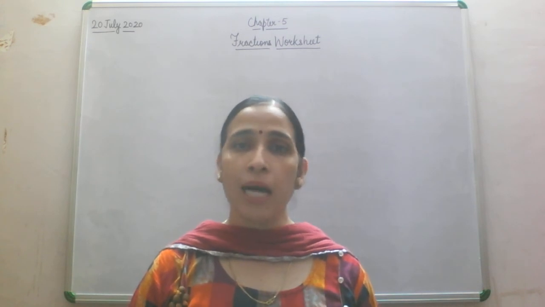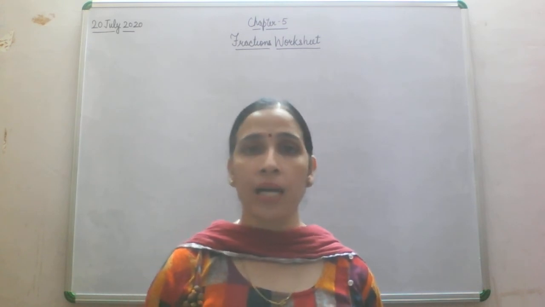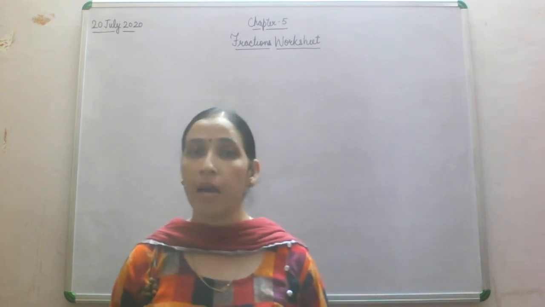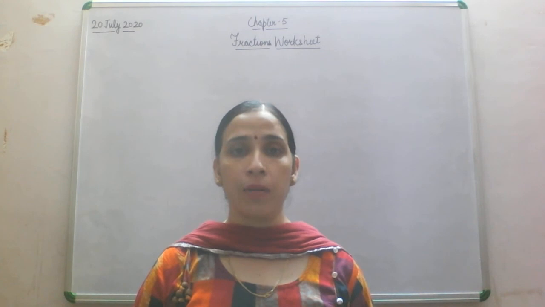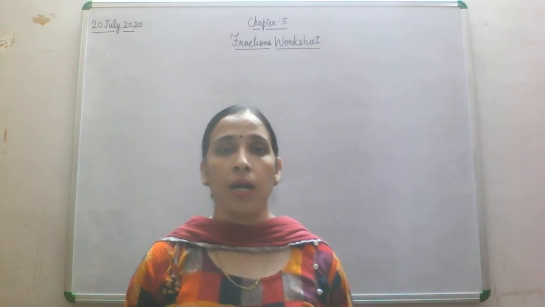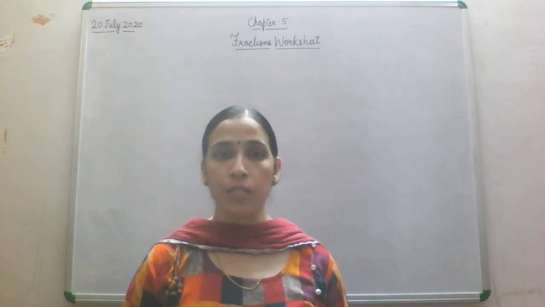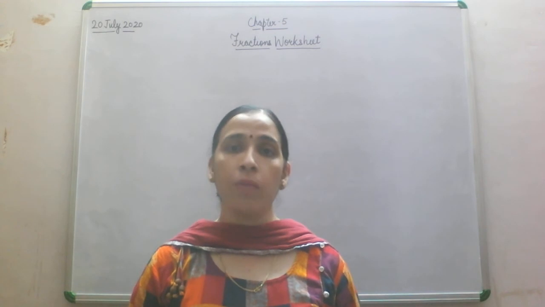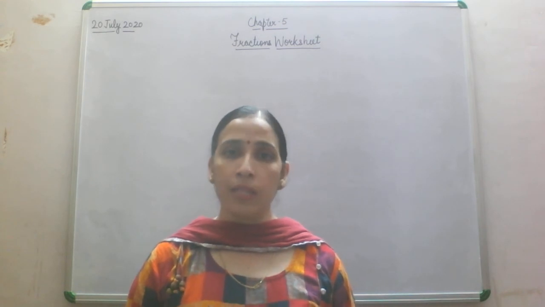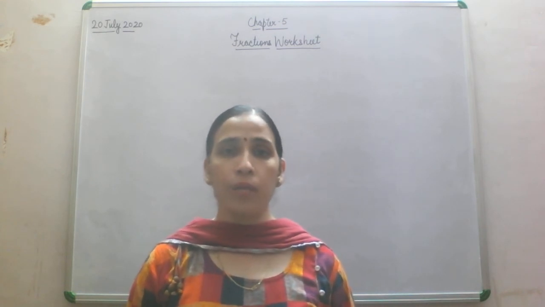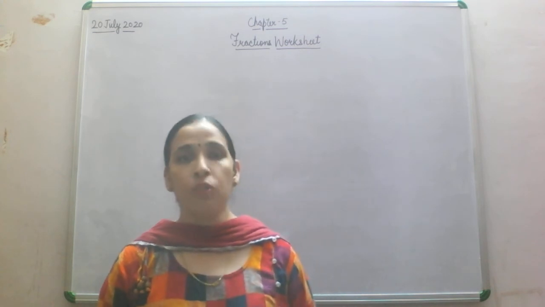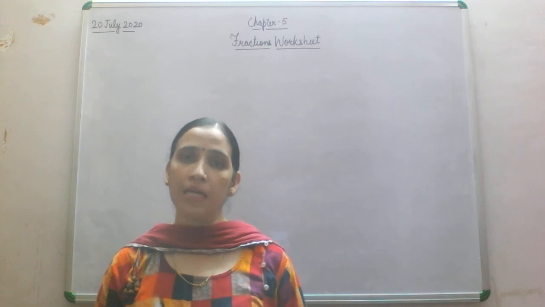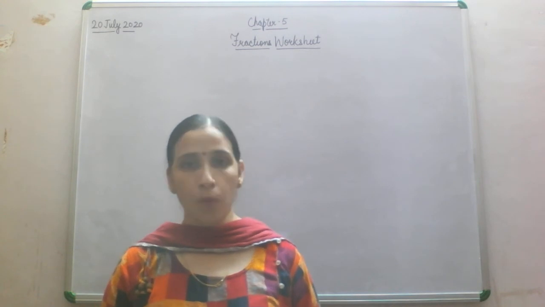So children, as you all are aware, we have started our chapter 5, common fractions, and we have done some of the basic fundamental operations like addition and subtraction, and now we were doing multiplication. So in that row only, today we will do a fractions worksheet related to multiplication problems.